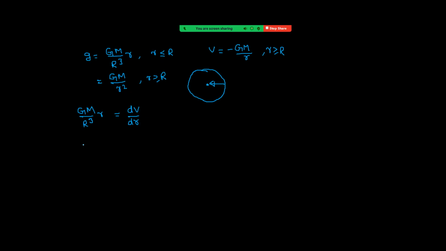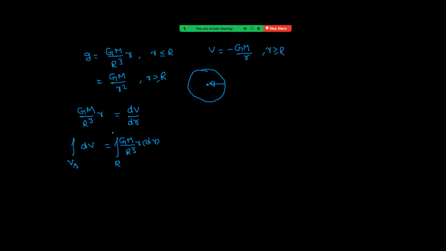See carefully. dV equal to GM by R cube into r into dr. Now integrate. And we want to calculate at one point inside. Therefore, take one point on surface, means capital R. This is V on surface.